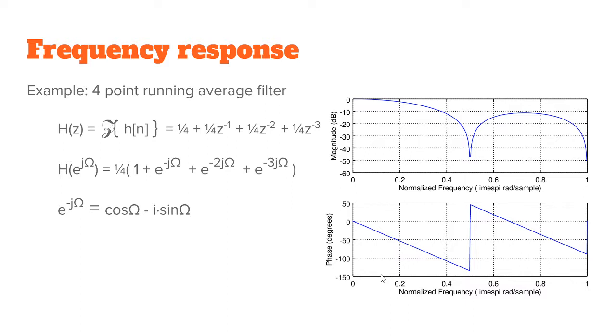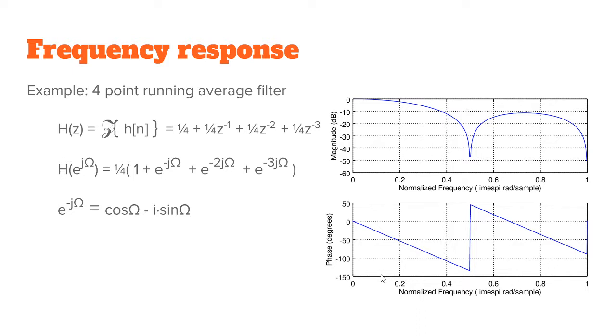If you have a z-transform of an impulse response that was earlier 1 over 4 plus 1 over 4 z minus 1 and so on, you just replace the z with e to j omega, you get this kind of formula, and then you can also use Euler's formula to cut it into sine and cosine and an imaginary number.